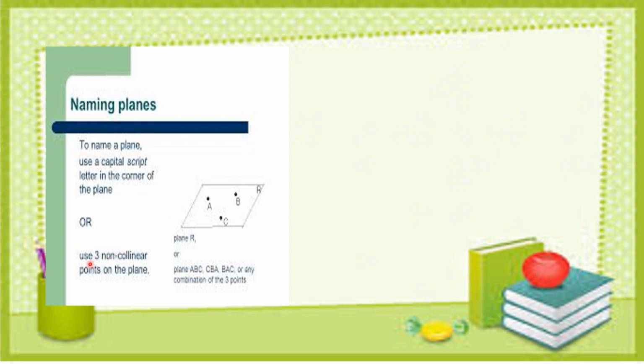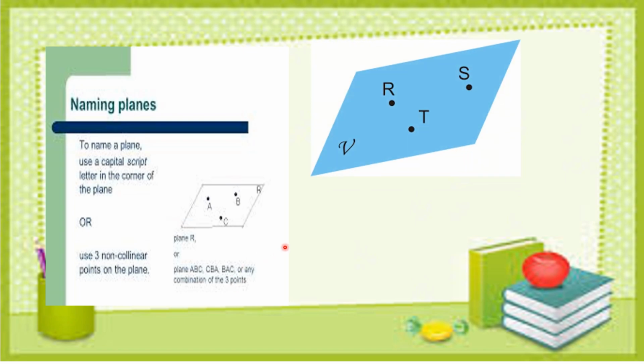Or we can use any three non-collinear points on the plane. Just like here in the figure, we have 3 points, point A, B, and C. So we can also name this plane as plane ABC, CBA, or BAC, or any combination of the 3 points. Let's try naming this plane.